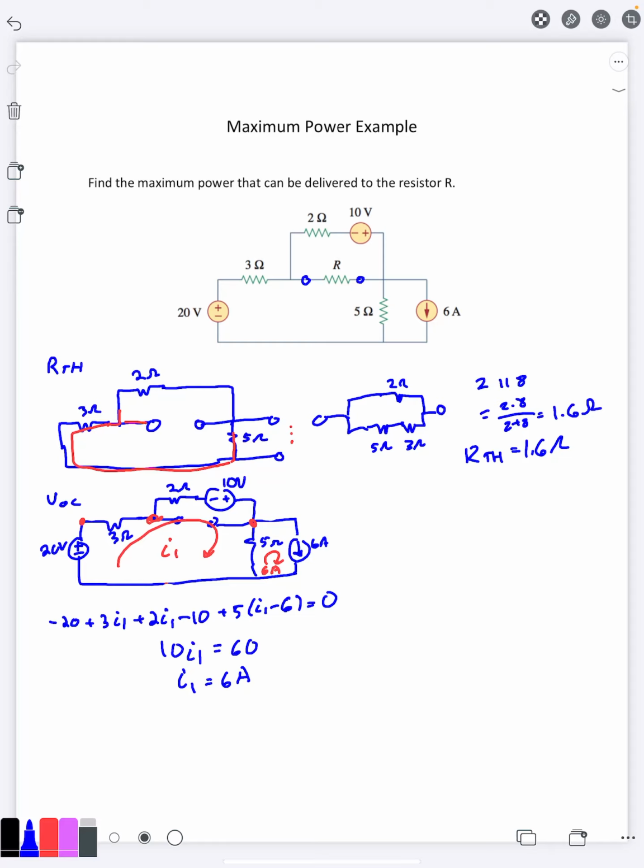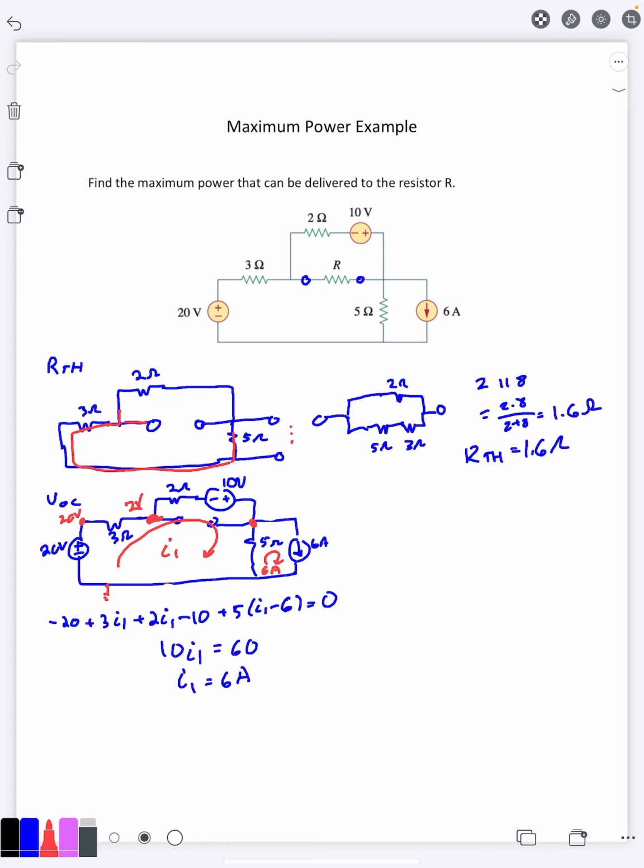And if I1 is 6 amps, then we can go ahead and find the voltage of these points here. So we start at, say, ground. Then we gain 20 volts, and we know it's 6 amps going through here. So 6 times 3 is going to be an 18 volt drop. So that's going to be 2 volts here. And then we have 6 amps coming again here.